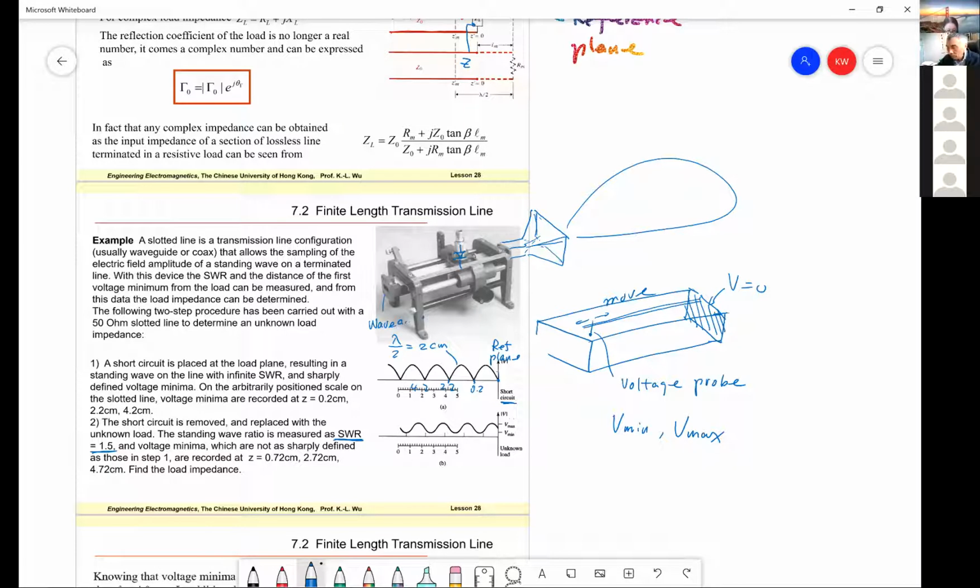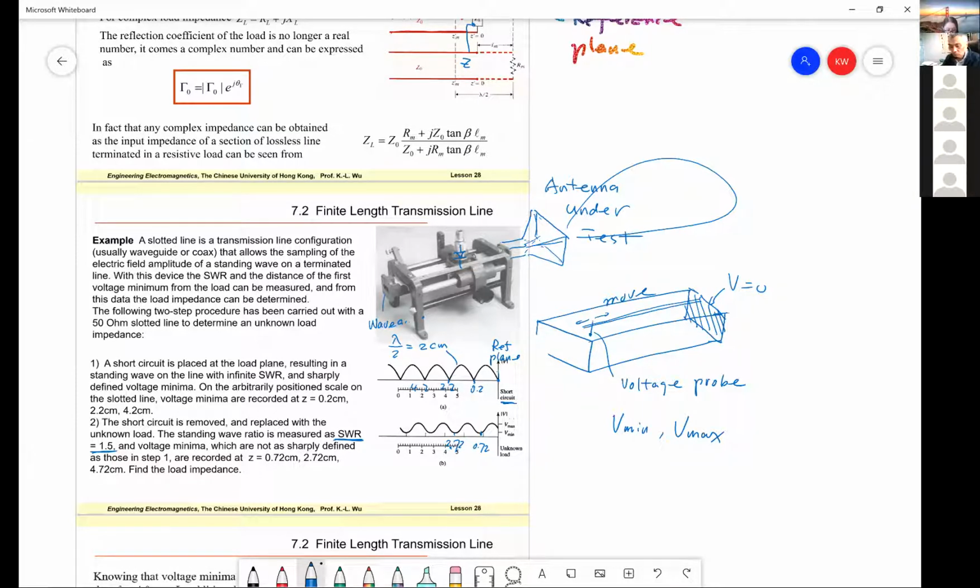I replace the short circuit by the antenna under test. Now I found the minimum location changed. The minimum location becomes 0.72. Of course, it must also repeat every 2 centimeters, because the wavelength doesn't change.